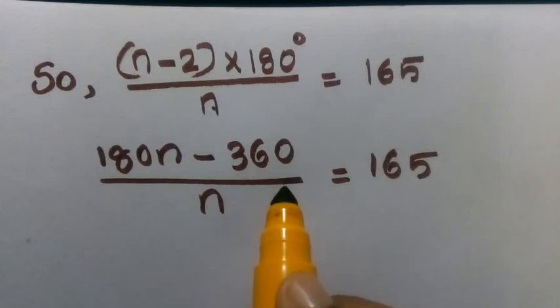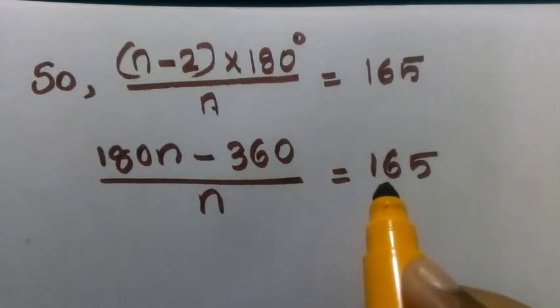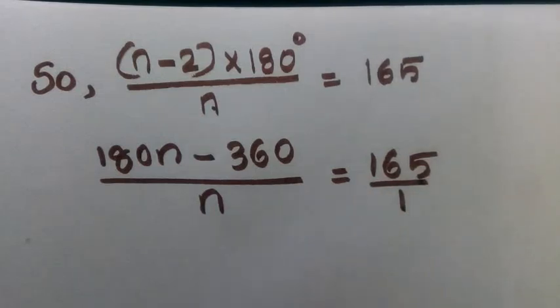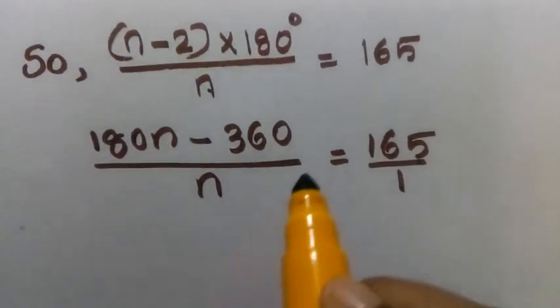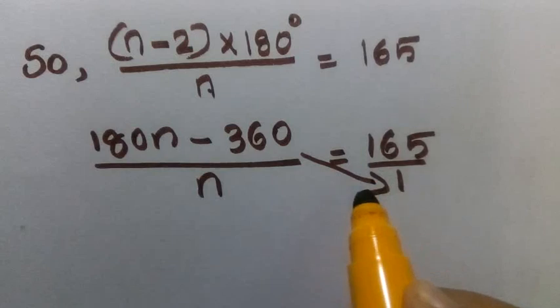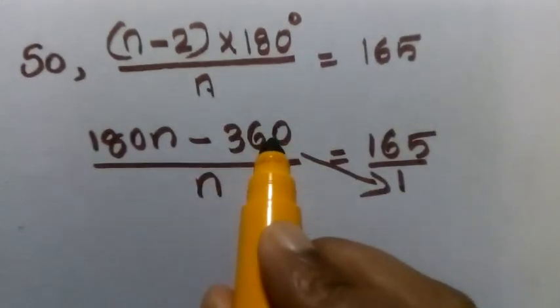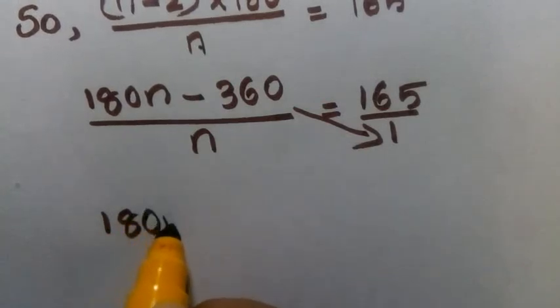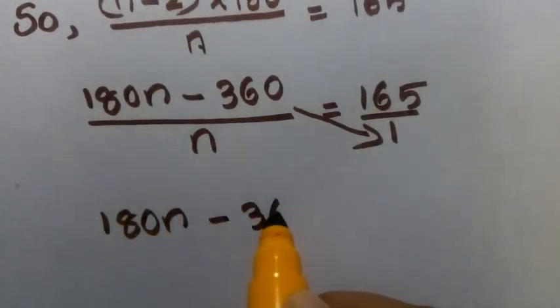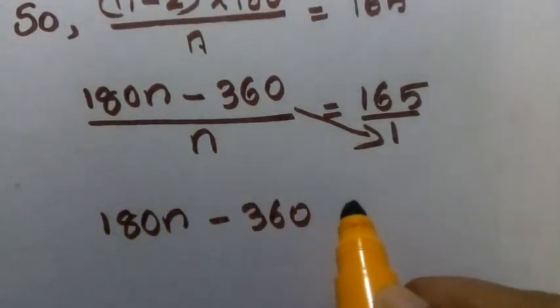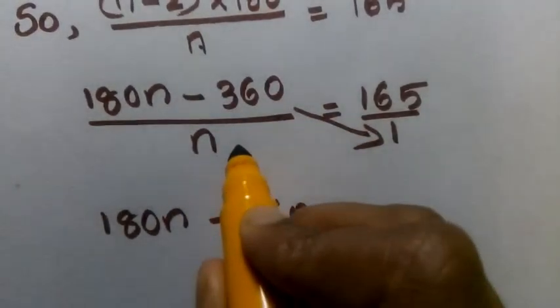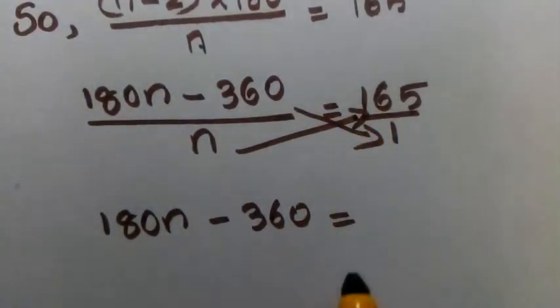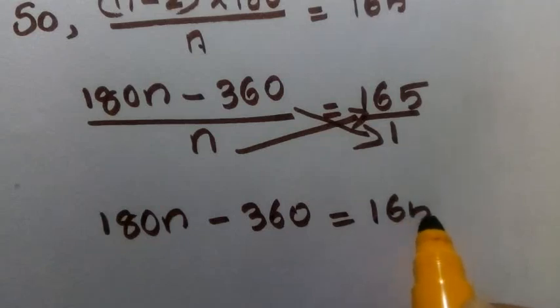Here we need to apply the cross multiplication technique. The denominator of 165 is 1. So 1 into 180n minus 360 is 180n minus 360, which is equal to n into 165, that is 165n.